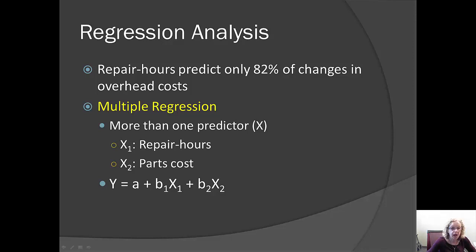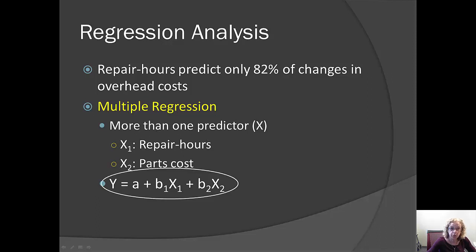That simply means a regression with more than one predictor variable. In this case, she decided to use repair hours, and she also wanted to include parts cost on the theory that the more parts cost she incurred for various jobs, the more overhead she would incur for ordering parts, for moving parts around her shop, and so forth.